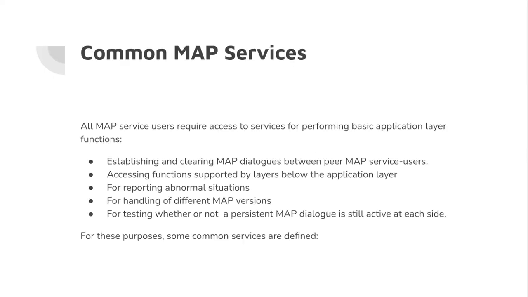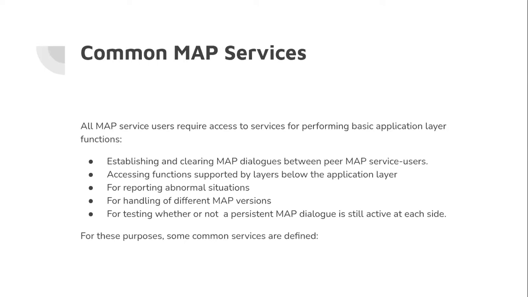There are some common MAP services, and all of them are important for one of the following reasons. One is establishing and clearing MAP dialogues between MAP service users. In this presentation, we'll hear so much about service users and service providers: the U is for users, the P is for providers.